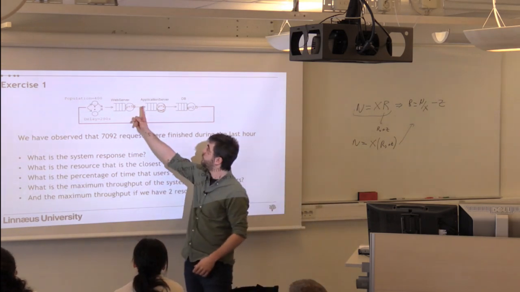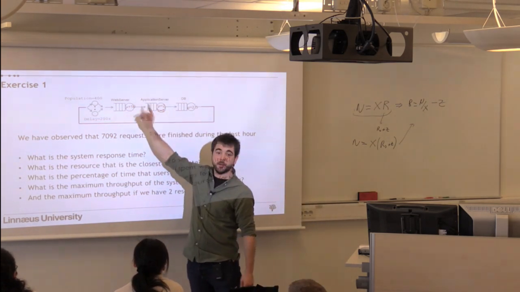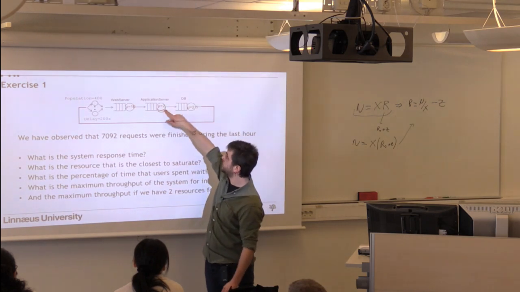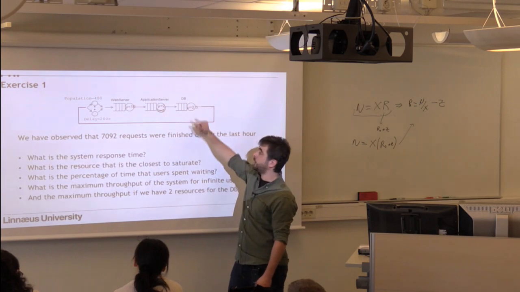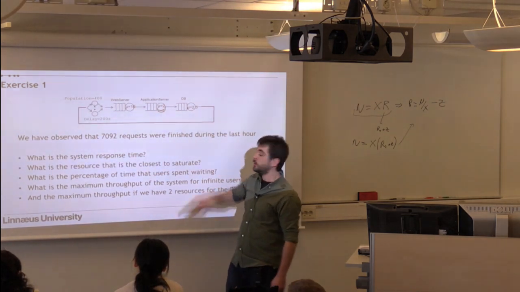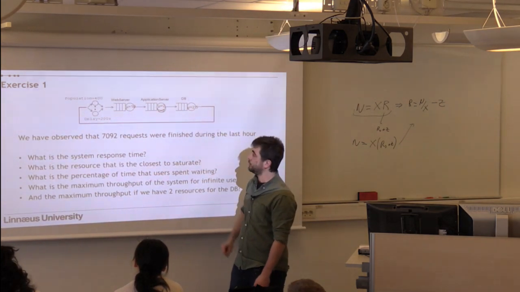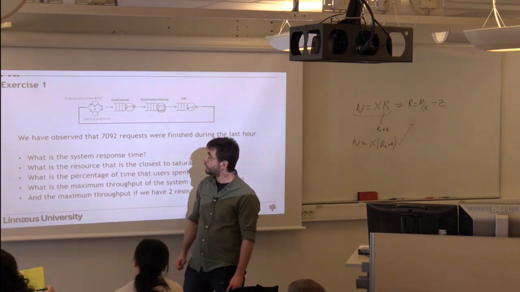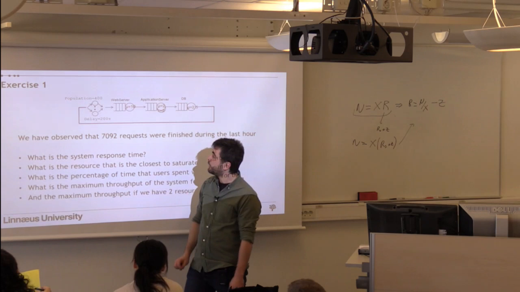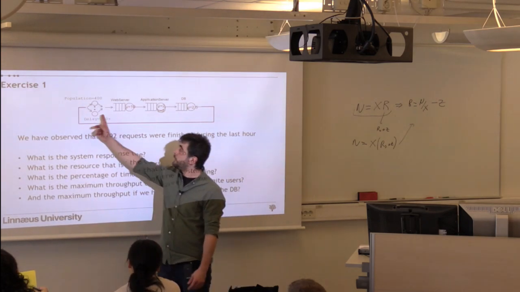So the same mu, and a web server that processes 10 per second, an application server that processes 2 per second, and there are 2 resources, and a database that processes 2.5. So service time 400 milliseconds. We have a population of 400 users in our company, and the delay is 200 seconds.